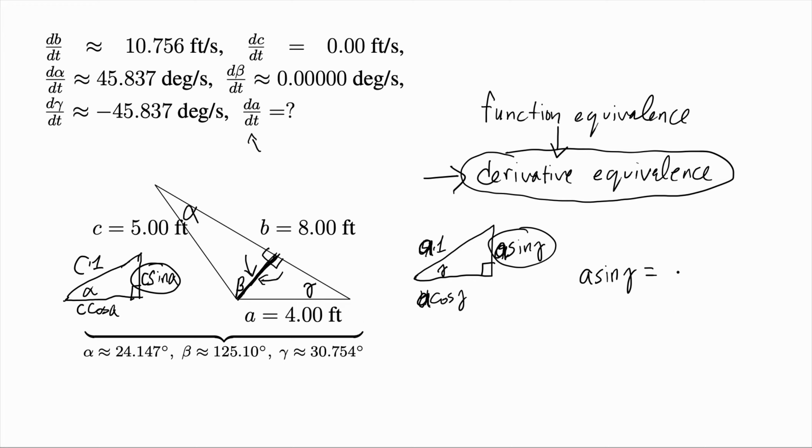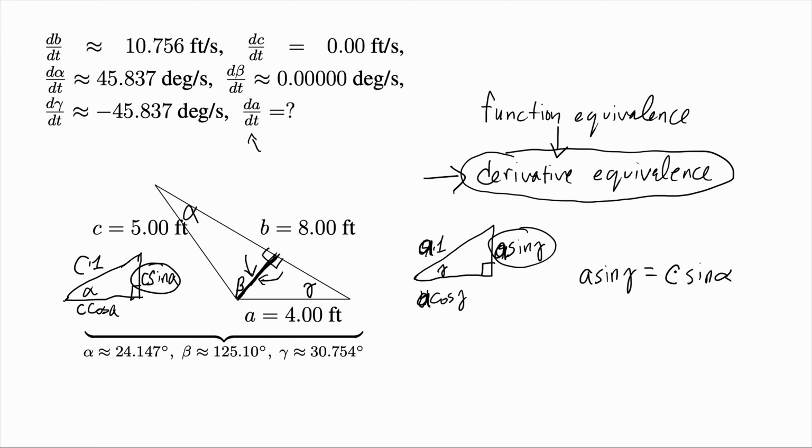And so that'll help us when we're taking a derivative here, because we have dc/dt is 0. Okay, it's not going to be changing at all. Okay, so A sine gamma is equal to C sine alpha. We have an equation that relates these variables together.